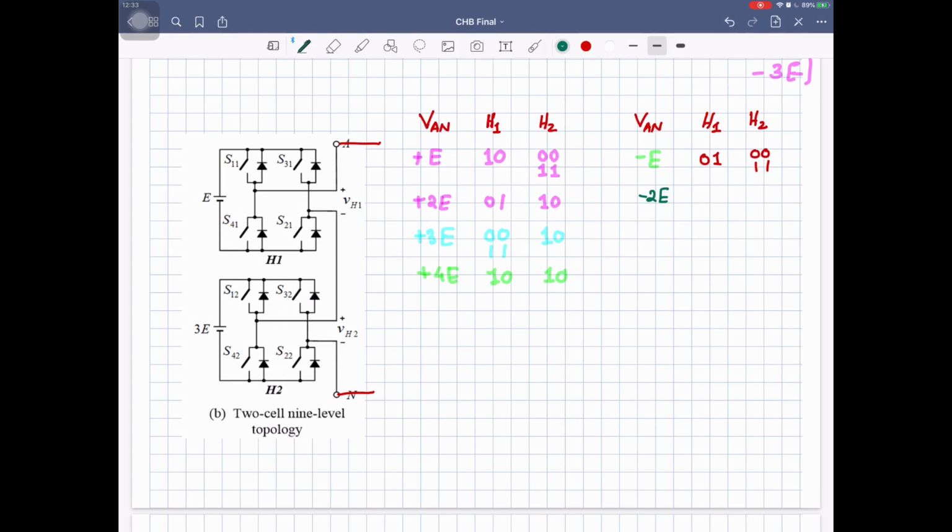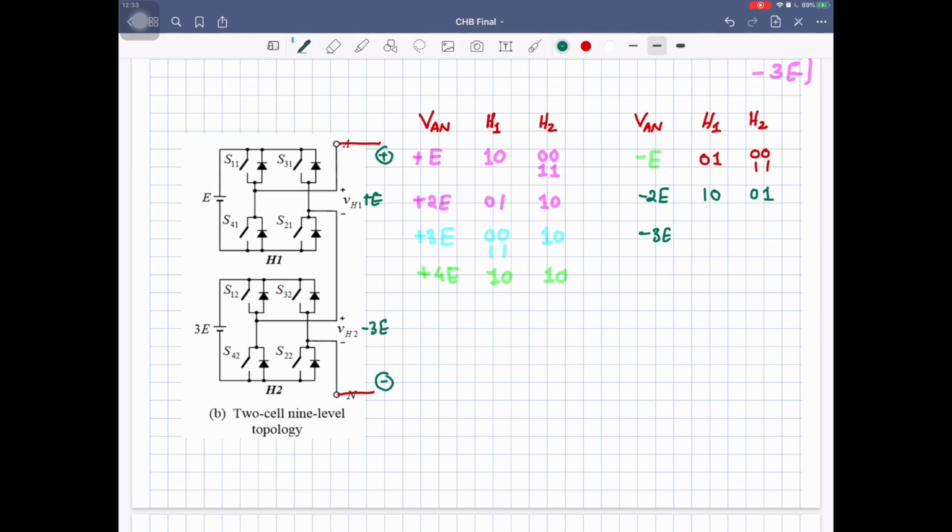If I make it minus 3E and make it plus E, then minus 3E plus E will give me minus 2E between these 2 points. To get plus E from the high side inverter, 1 0 will be the code, and to get minus 3E from the low side inverter will be 0 1 code. So with this switching combination I will get minus 2E.